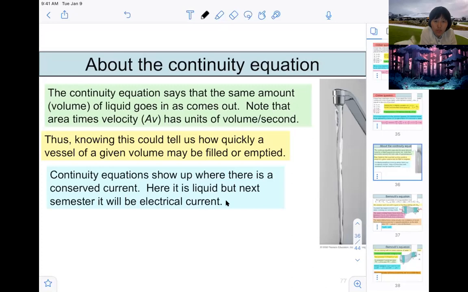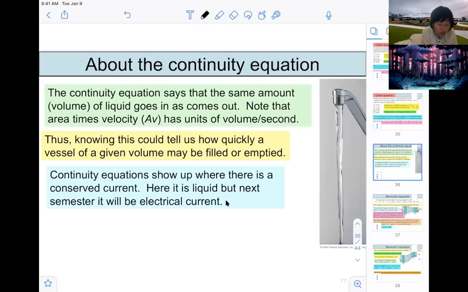So the units will be described by volume per second. Knowing this will tell us how quickly we can fill up a space with water, or how quickly we can empty a space of water. Right? Because if we know 2 gallons per second, you know that in 1 second, 2 gallons flows in or flows out. It tells you how quickly you can fill something up or empty it.